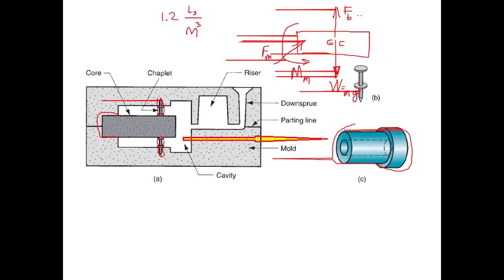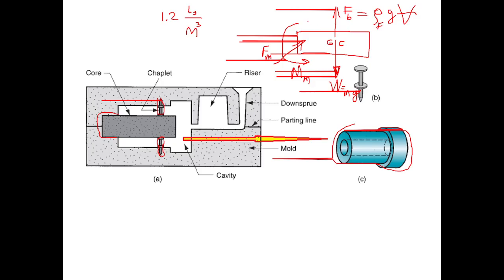And buoyancy force, from your learning outcome gathered in high school education, and also for mechanical engineering students, in the introduction course, first year course, Introduction to Mechanical Engineering, already studied: buoyancy force is equal to the density of, not the material of the submerged body, but the density of the surrounding fluid, here in casting the surrounding fluid is molten metal, times gravitational acceleration times the volume of the submerged body.